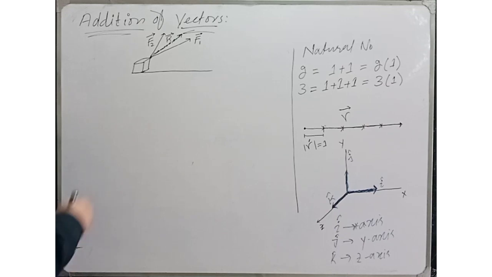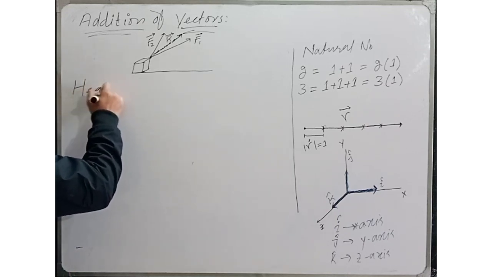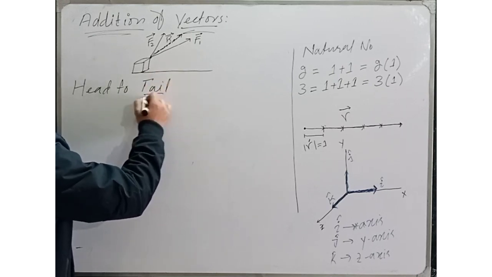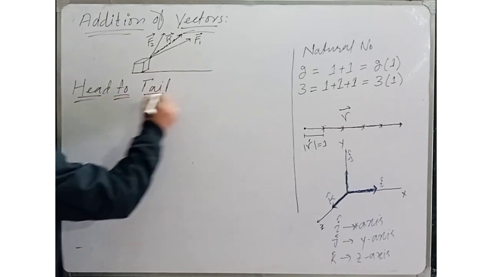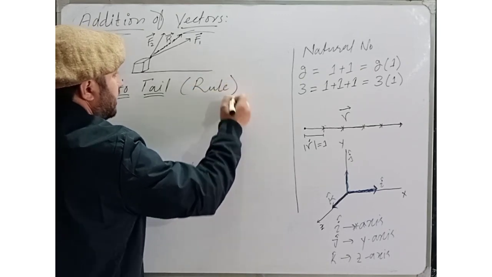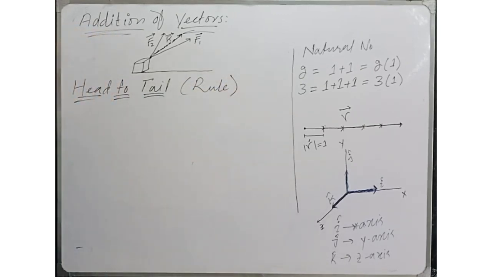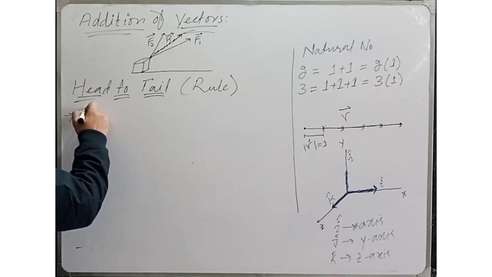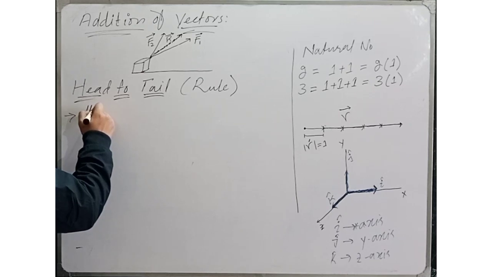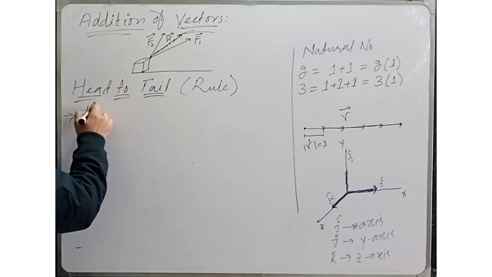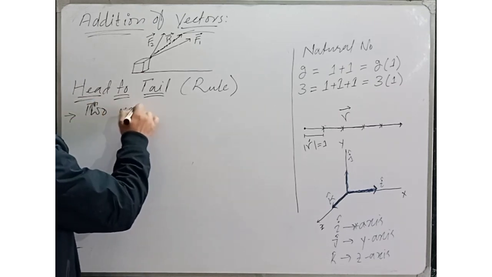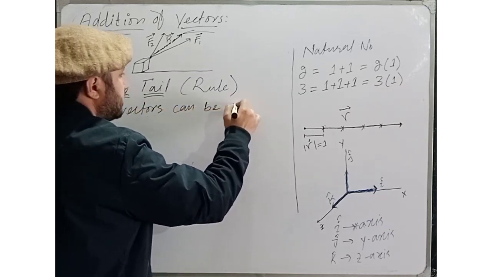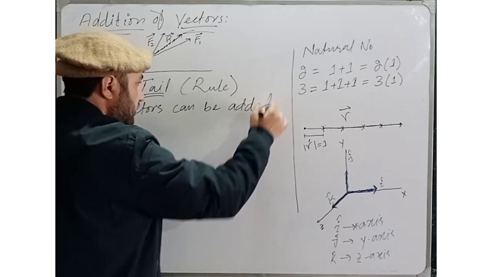For that, we have a rule, the head to tail rule. Applying the head to tail rule, we can find the resultant of two forces or two vectors, and this rule states that two or more vectors can be added. So let us take two vectors.